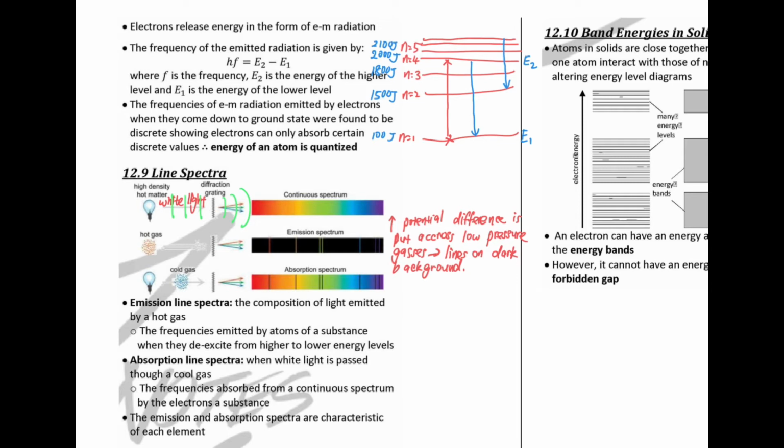Okay, after that from 6 release to 2, they form indigo. Then after that, let's say 5 to 2, they form blue.